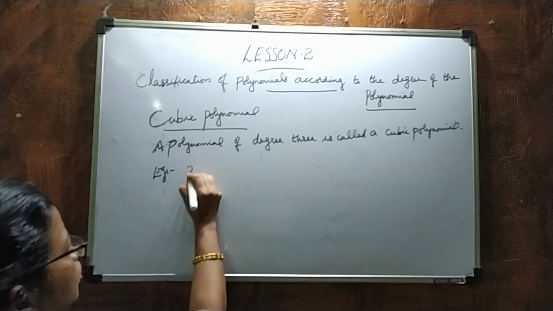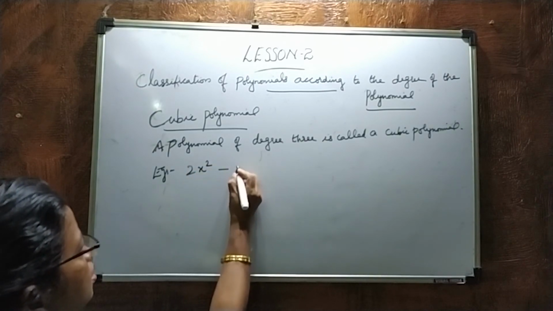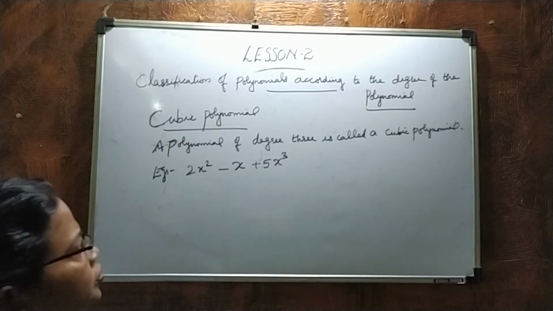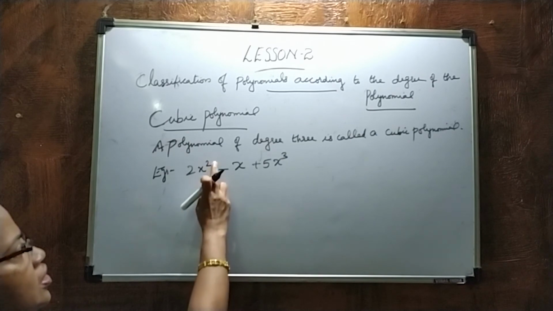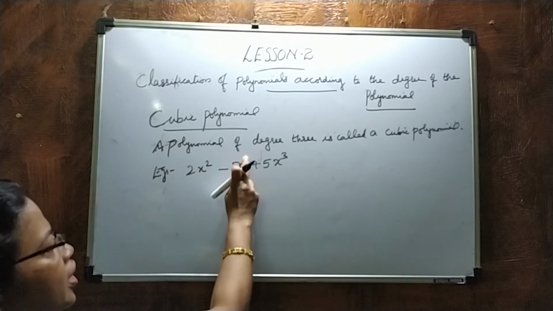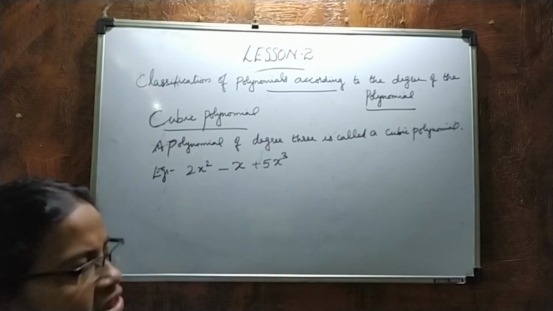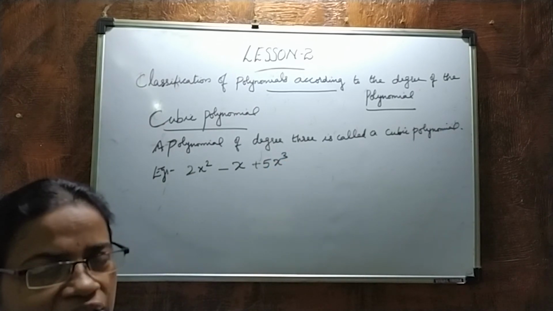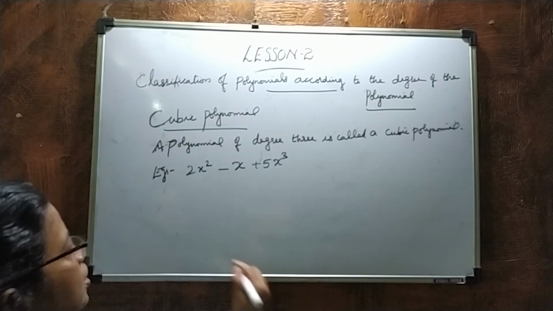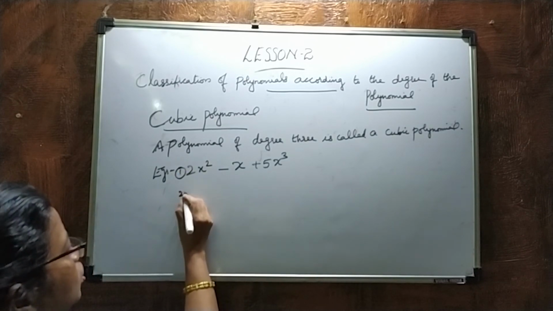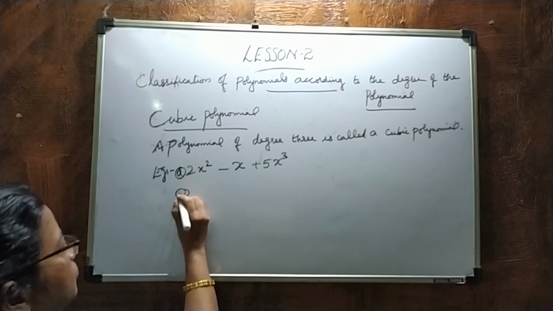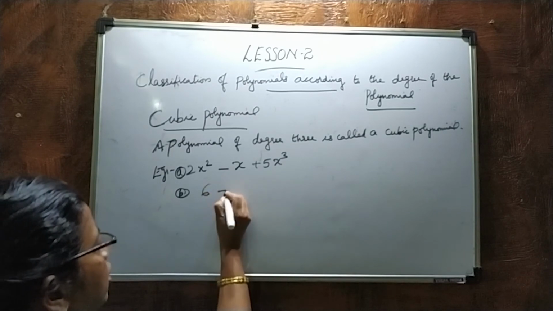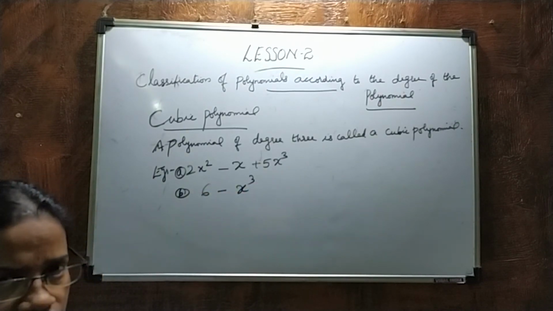Now look, 2x square minus x plus 5x cube. The highest degree is 2 is there, and then 1 is there, and here 3 is there. So the degree is 3. Highest exponent is 3, and that is why degree is called as 3. So next example, then 2. Here I will write it A, B, C. Okay, any examples we can write. Then 6 minus x cube we can write.